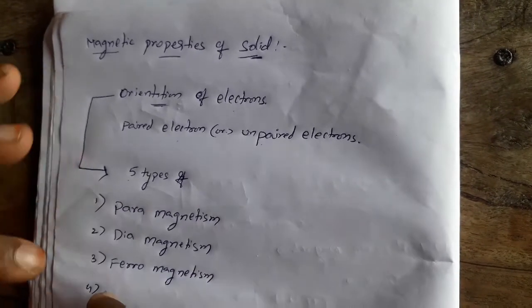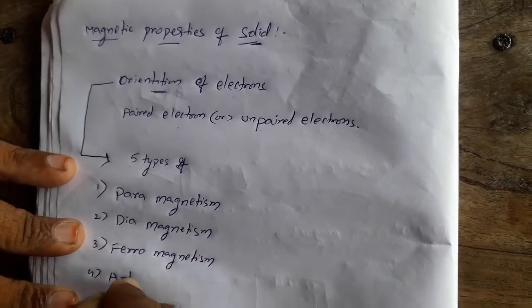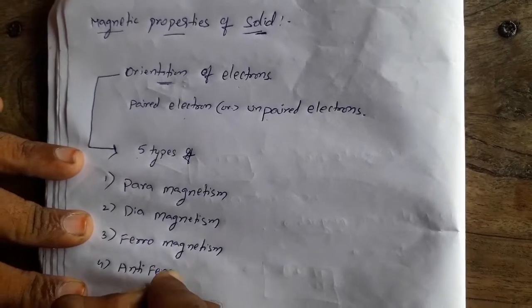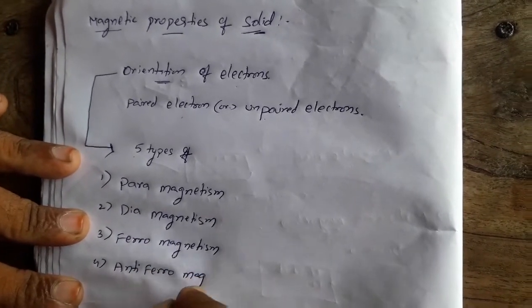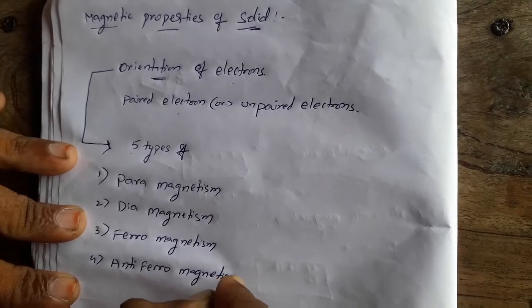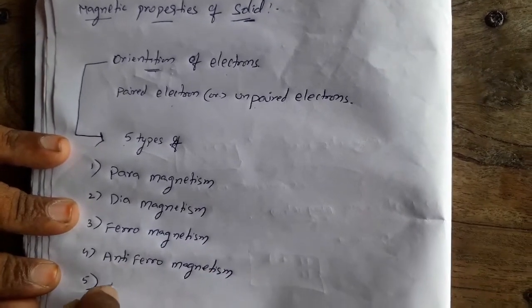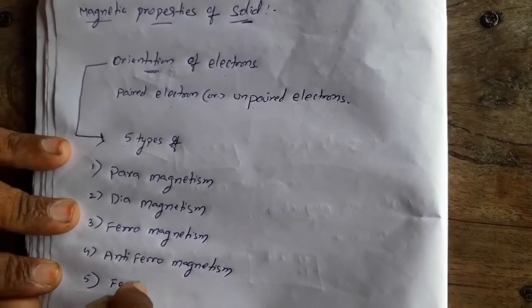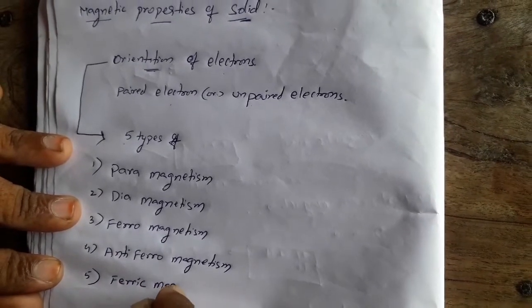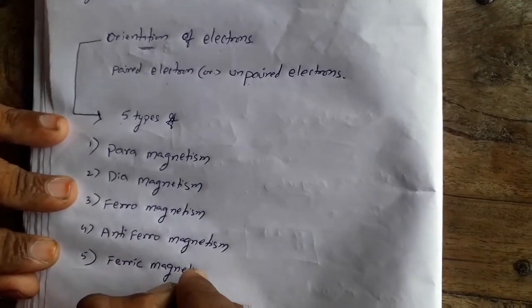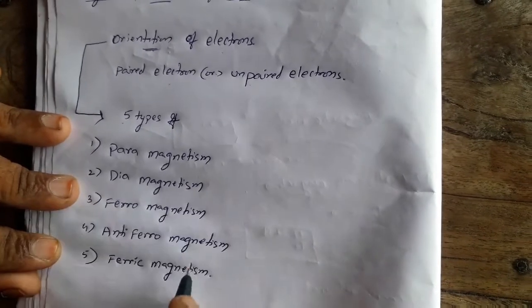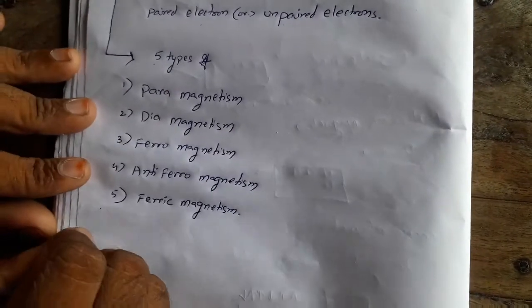Fourth one is antiferromagnetism. Fifth one is ferrimagnetism.